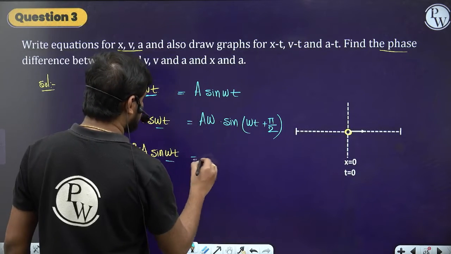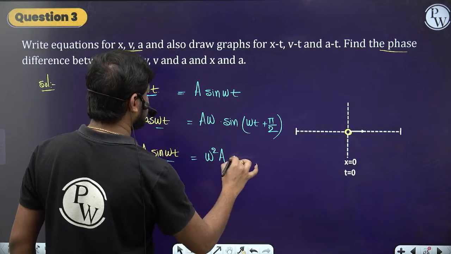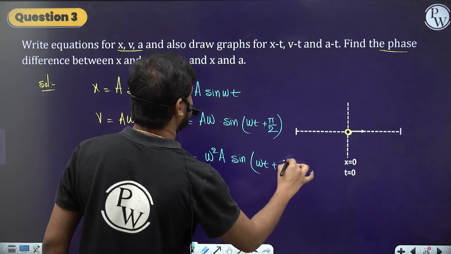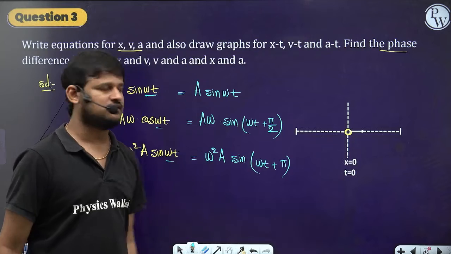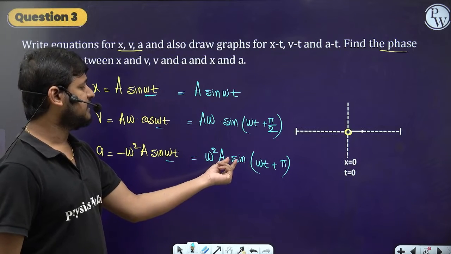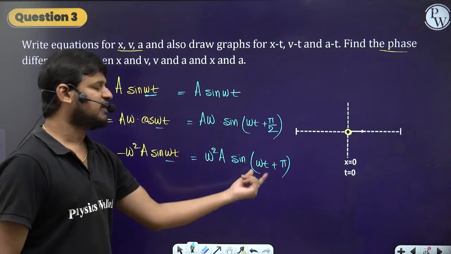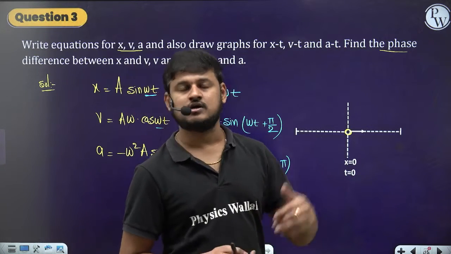Then, this one I am writing: omega square a into sine of omega t plus pi. Sine of 180 plus theta. Sine of 180 plus theta is in which quadrant? The third quadrant.